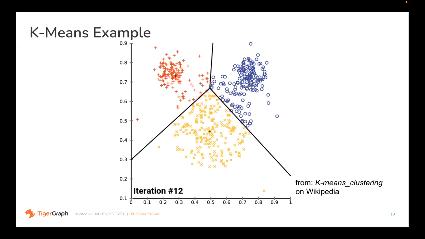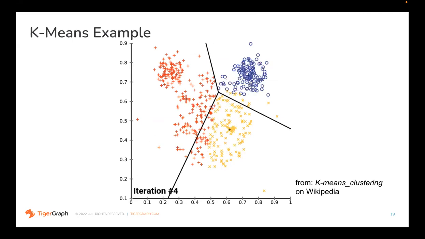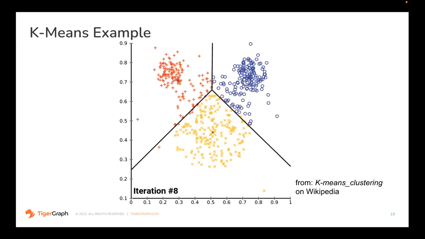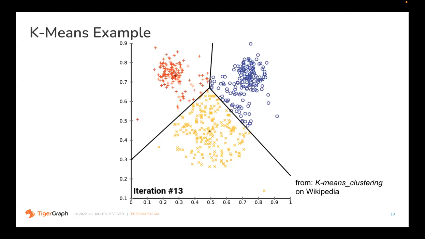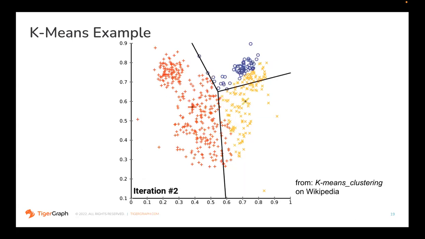Now do the same thing you just did. Assign each vertex to its closest centroid. Now you have these new assignments, recompute the new centers. Again, now you have the new centers, repeat. So you keep adjusting membership and centroids, membership and centroids, until it stabilizes.